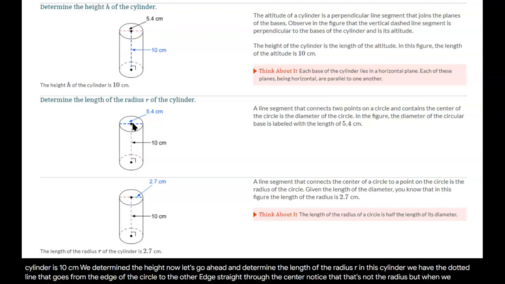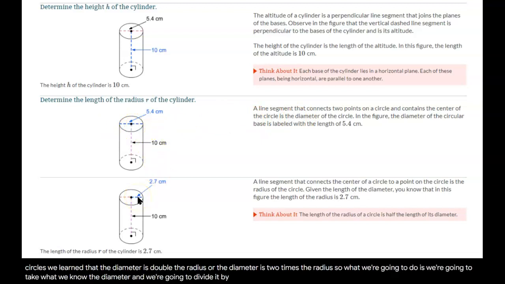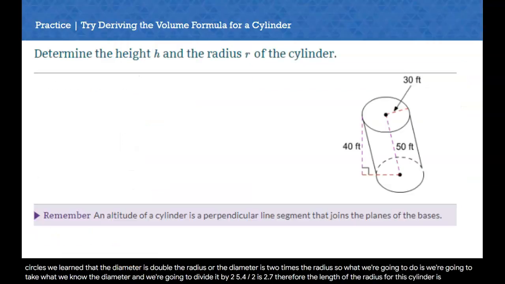But when we studied circles, we learned that the diameter is double the radius, or the diameter is 2 times the radius. So what we're going to do is take what we know, the diameter, and divide it by 2. 5.4 divided by 2 is 2.7. Therefore, the length of the radius for this cylinder is 2.7.